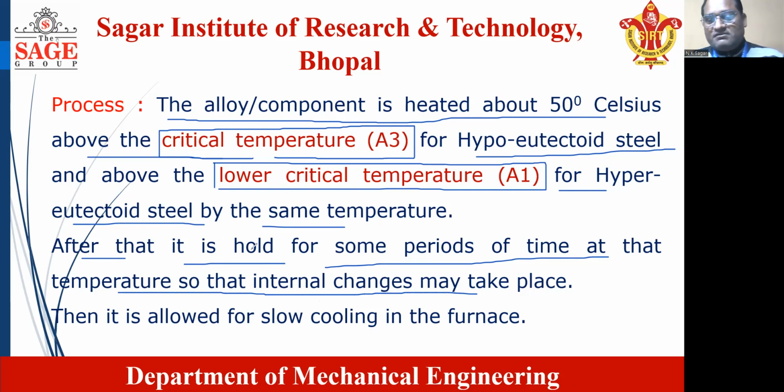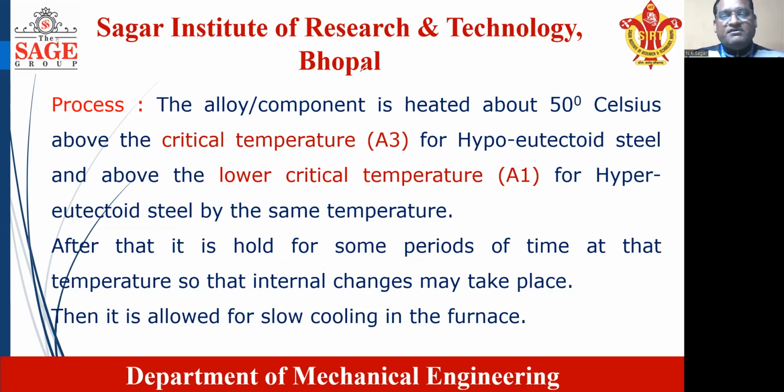Internal change means the grain structure of the material is refined, which is why the temperature is maintained constant for some time. After that, it is allowed to cool slowly in the furnace. This is the annealing heat treatment process.